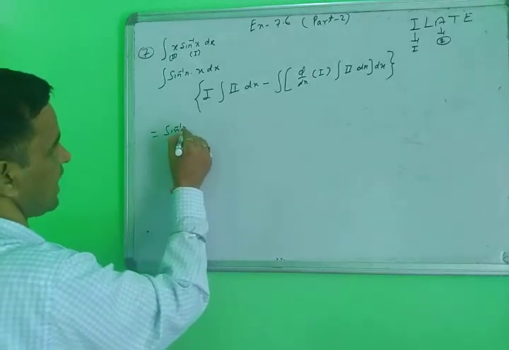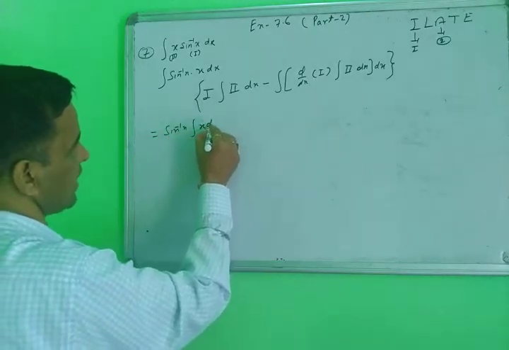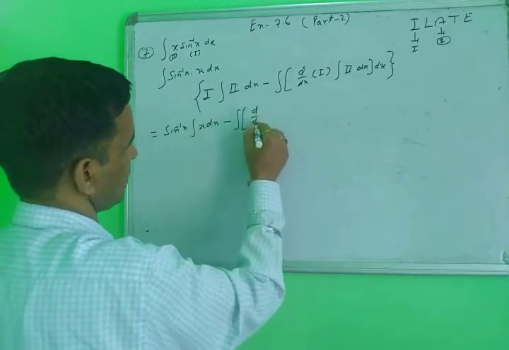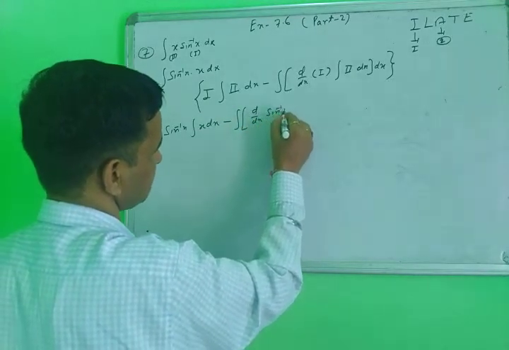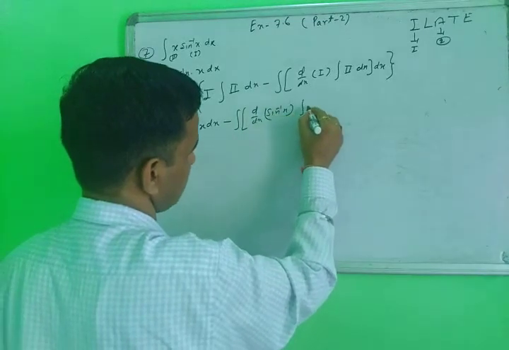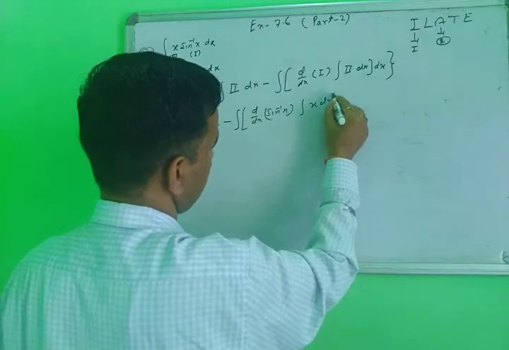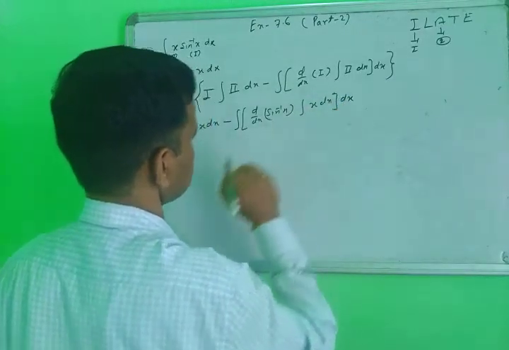So then sine inverse x, integration of x dx, minus integration of d over dx of sine inverse x and integration of x dx, all dx.